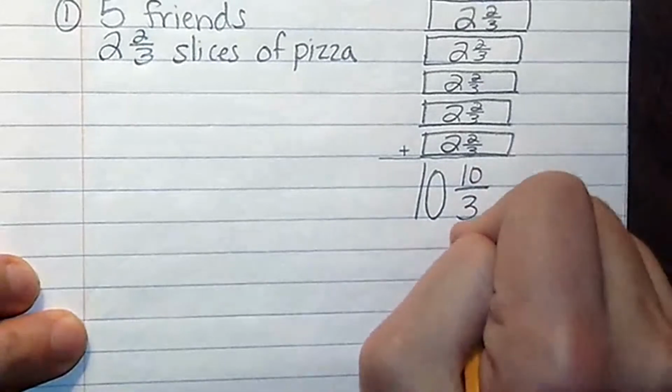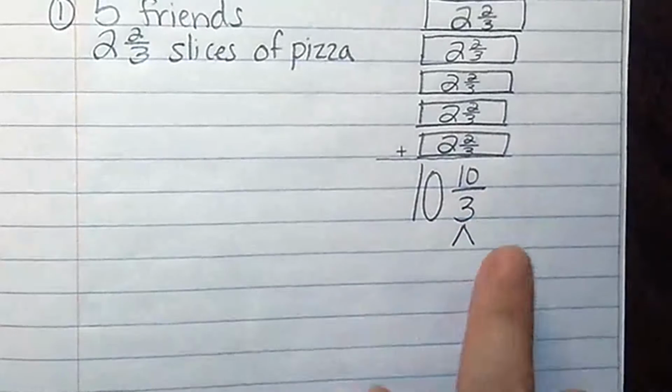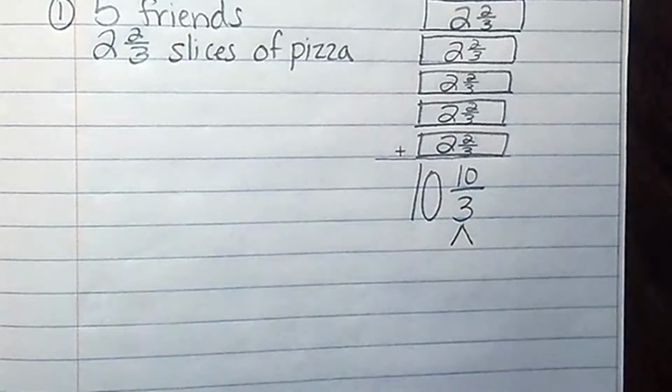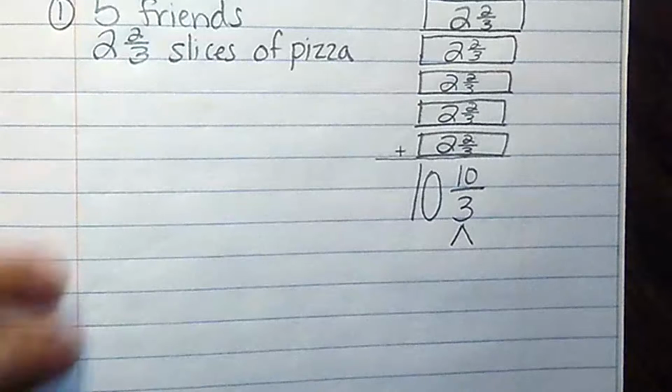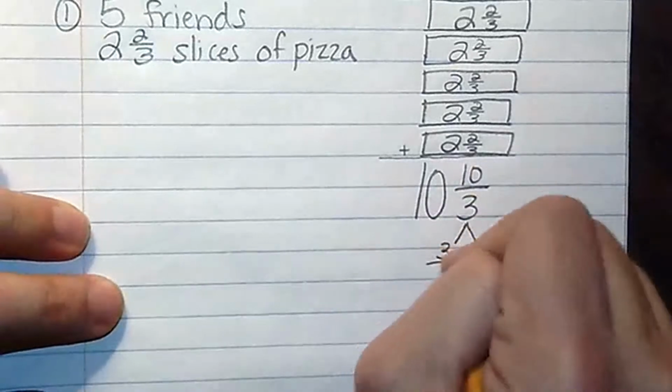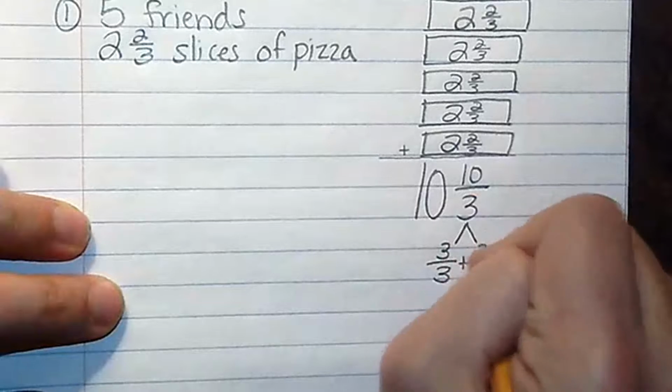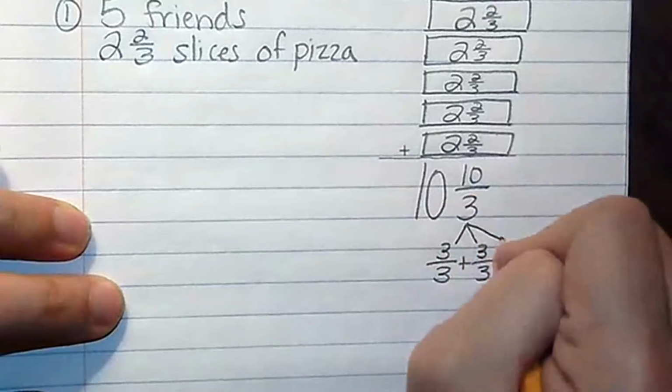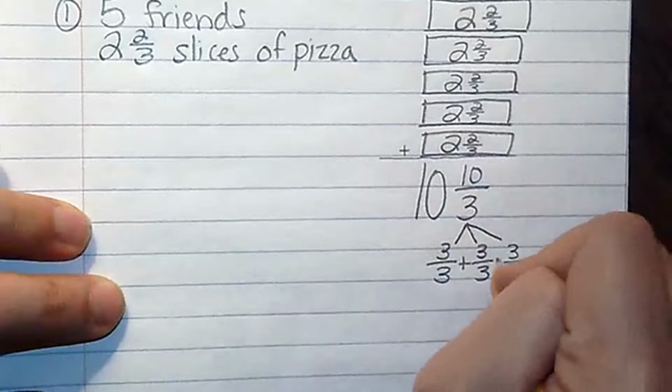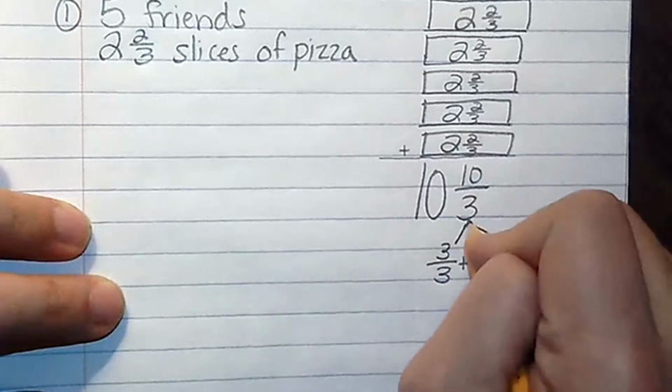So we make a number bond for 10/3. Now, if it's 10/3, how much do I have to take out to equal 1 whole chocolate bar? How many thirds equal 1 chocolate bar? 3/3. 3/3 plus 3/3, that's only 6/3. Plus 3/3 more, that's 9/3.